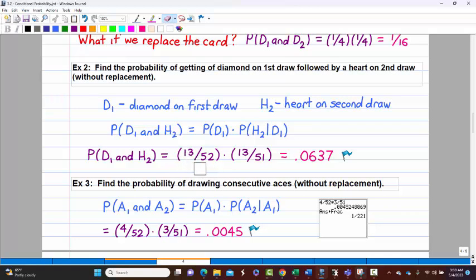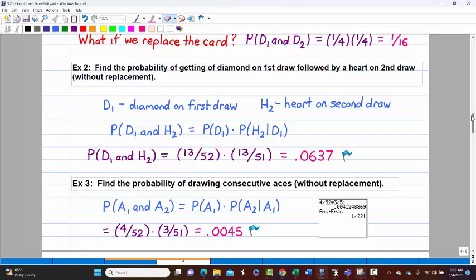That means we've pulled out a diamond, and there's now down to 51 cards. But unlike the problem we did up here with back-to-back diamonds, the difference now is if you're saying the probability of drawing a heart, yes, you're down to 51 cards, but all 13 hearts are there because we did not pull a heart on the first one. So it'd be 13 out of 52 times 13 out of 51. Whereas the other one, back-to-back diamonds, was 12 out of 51.